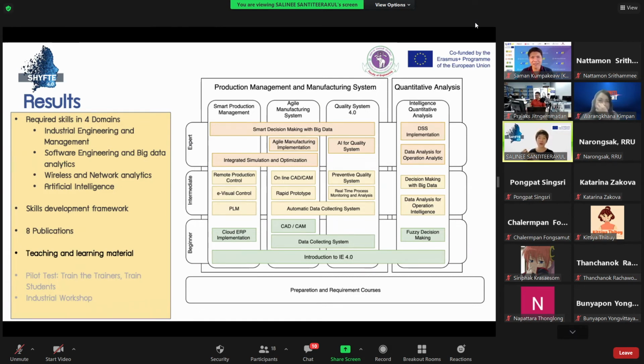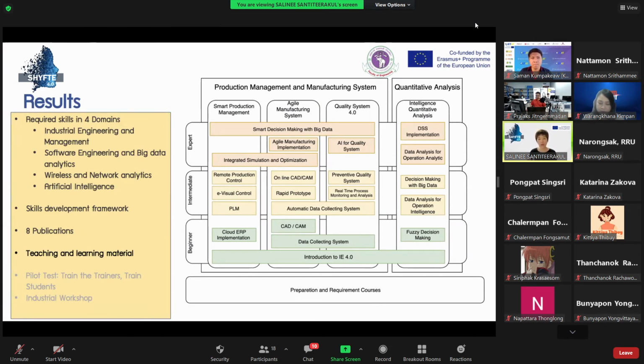We call it SHIFT because we want to shift the skill from the existing situation to Industry 4.0. For the second question, the training modules are not in the master degree curriculum. We separate this knowledge as training modules.